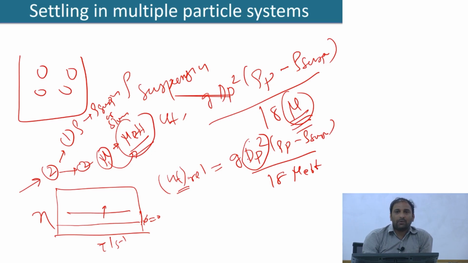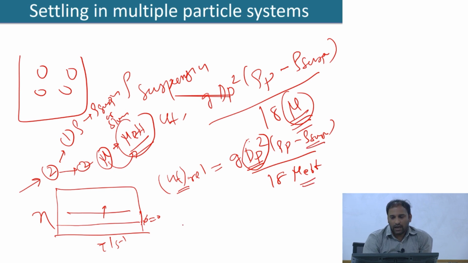Unless I'm making the particles cluster together, or larger by aggregation, I would have to worry about changing this. But the particles remain as individual units and continue to settle, so I keep dp the same, and I change this and this.